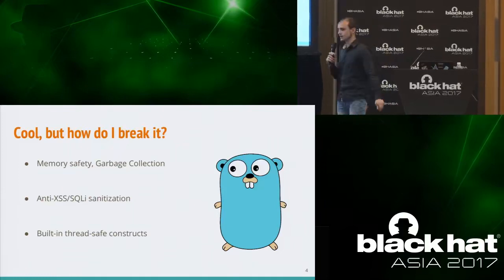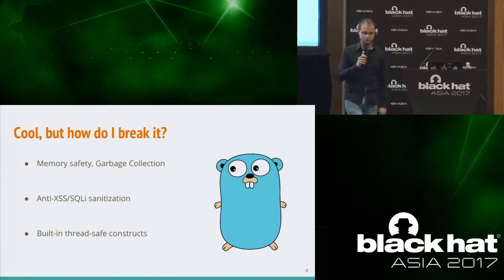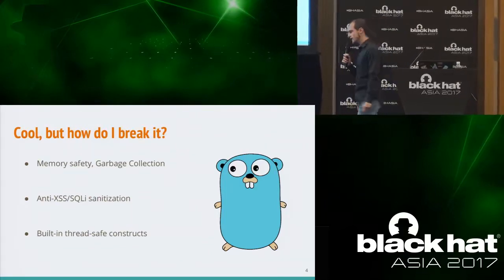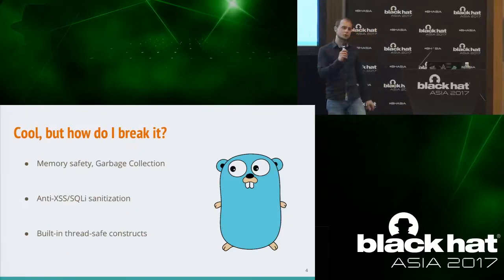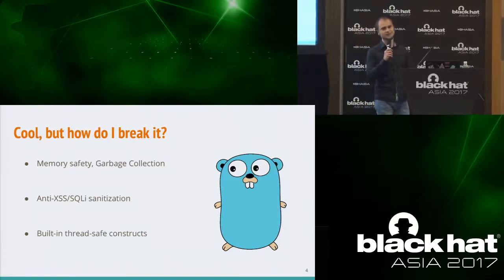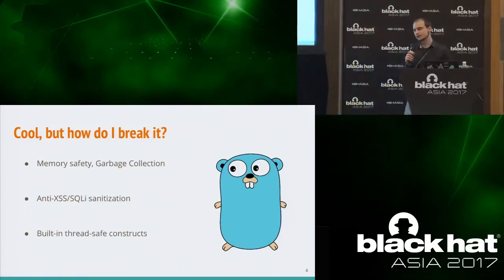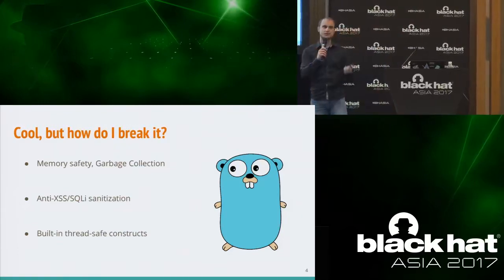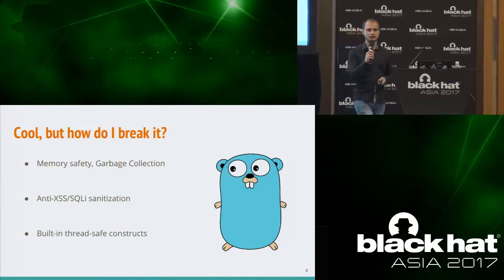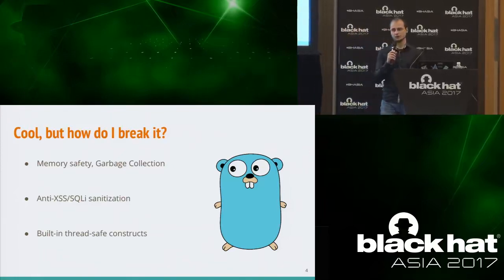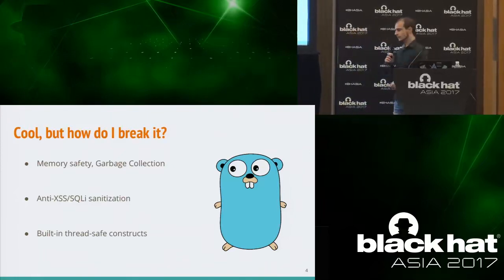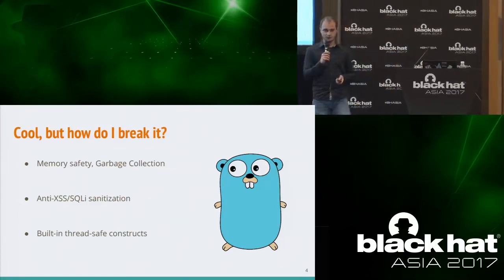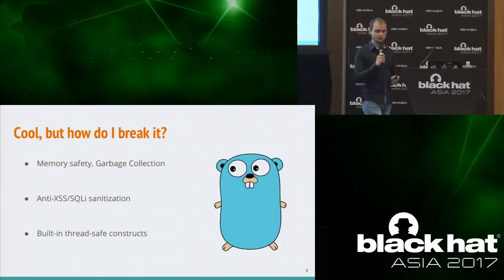Memory safety, garbage collection. Those are pretty strong. I wasn't able to find any memory problem, not on a design level at least. And since the language is itself garbage collected, it is very unlikely to find some memory leak in some Go code. On the web server side, Go implements an HTTP server itself.